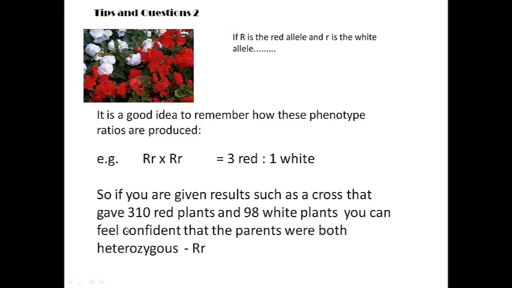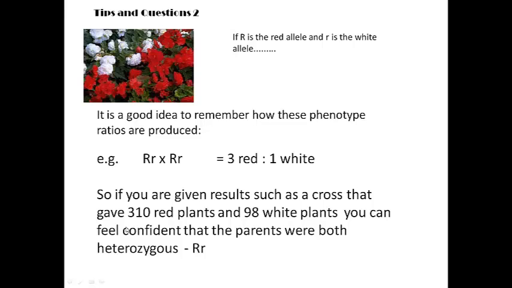If we look at this example now, red and white plants, where big R is the red allele and little r is the white, it's a good question to remember how those phenotype ratios are produced. So remember, if you had the double heterozygote, big R little r times big R little r, you saw a phenotype ratio of 3 to 1.